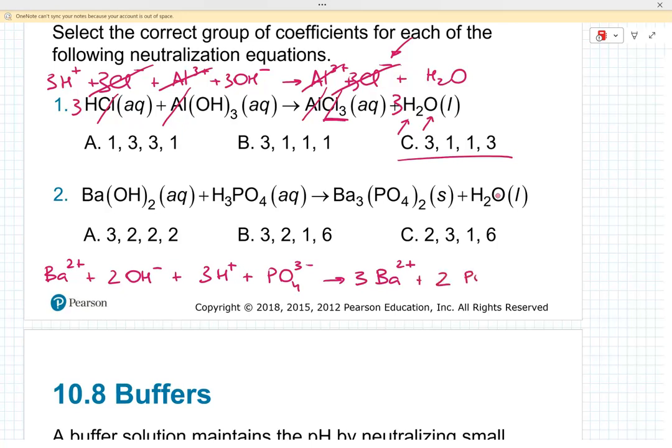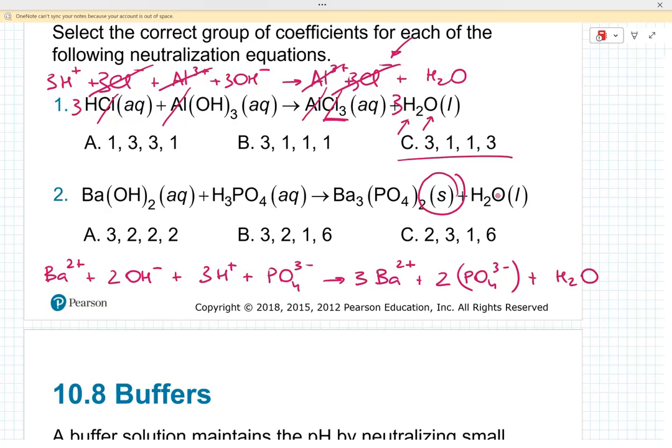Plus 2 PO4 3 minus, plus water. Remember, this is unbalanced reaction. Okay, makes sense? Now, you see this little remark here? Solid.